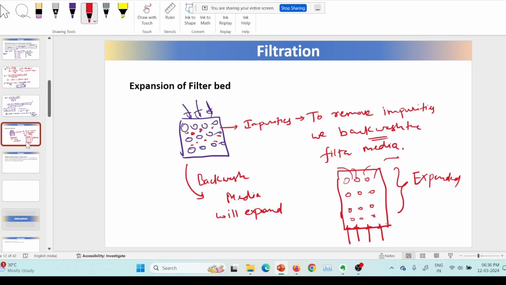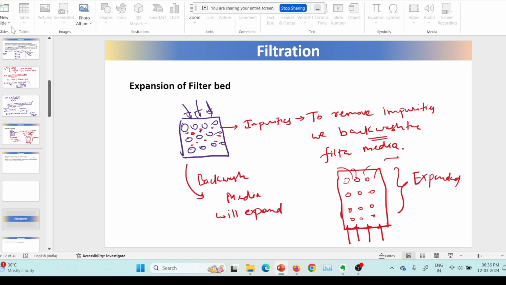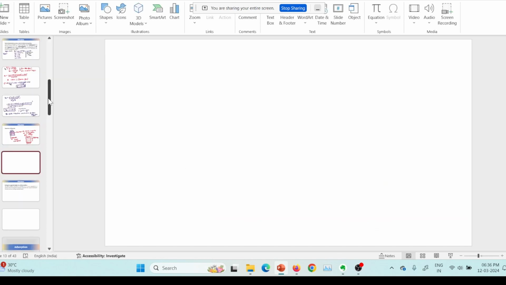So let's see the formula. The head loss through the expanded bed is given by HFB equals L (1 minus E) (rho m minus rho w) divided by rho w.